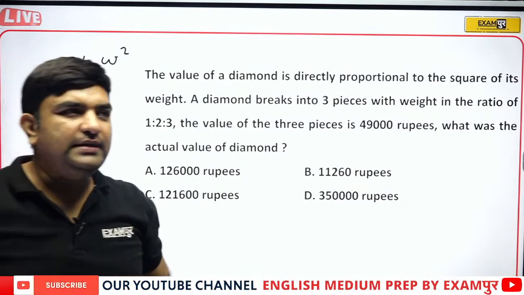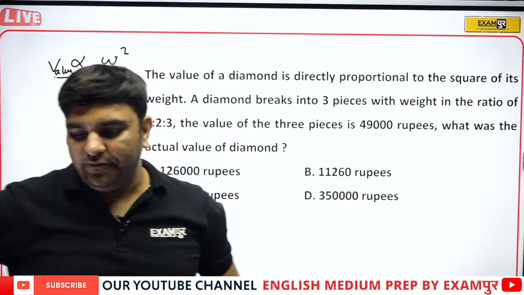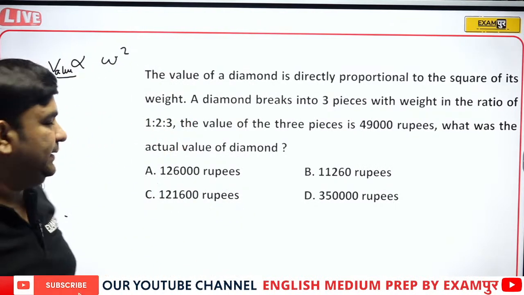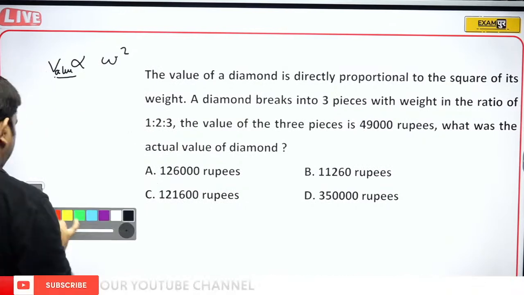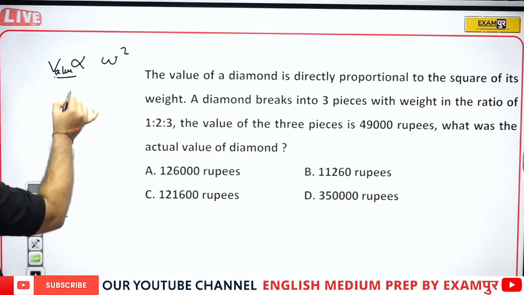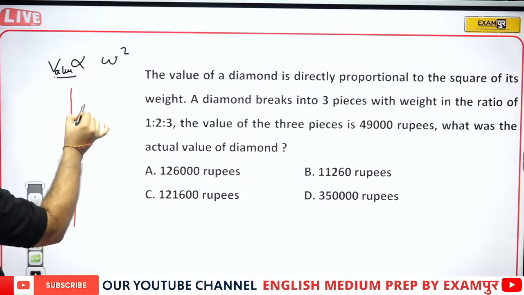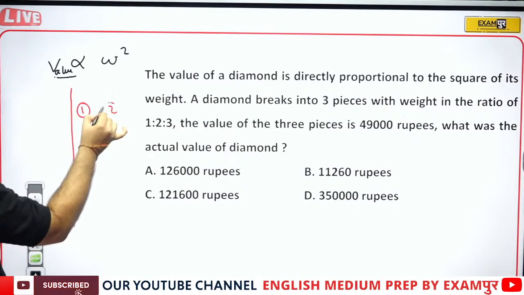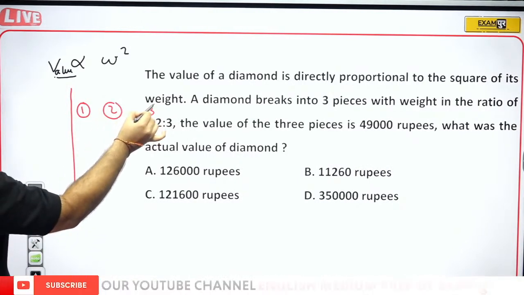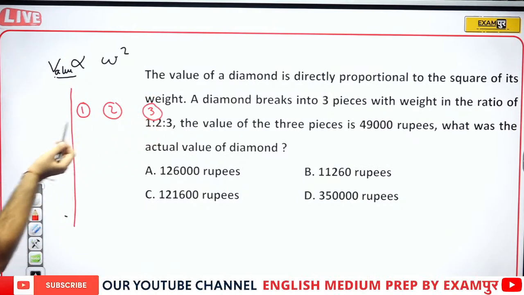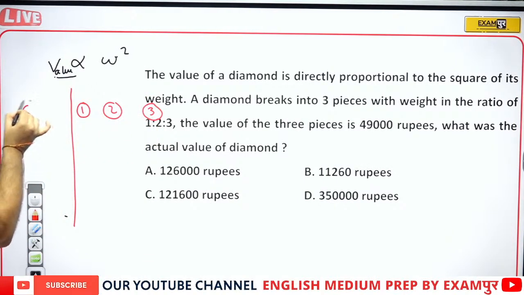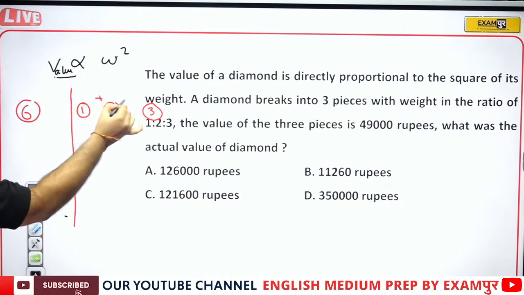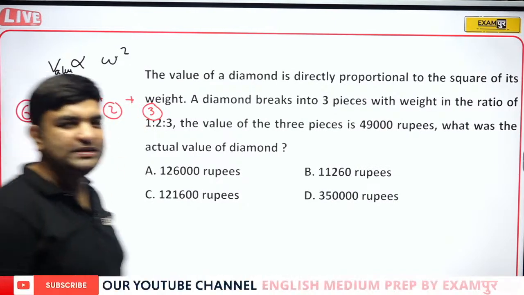A diamond breaks into 3 pieces with the weights in the ratio 1, 2 and 3. So before it breaks, the weight should be 6.